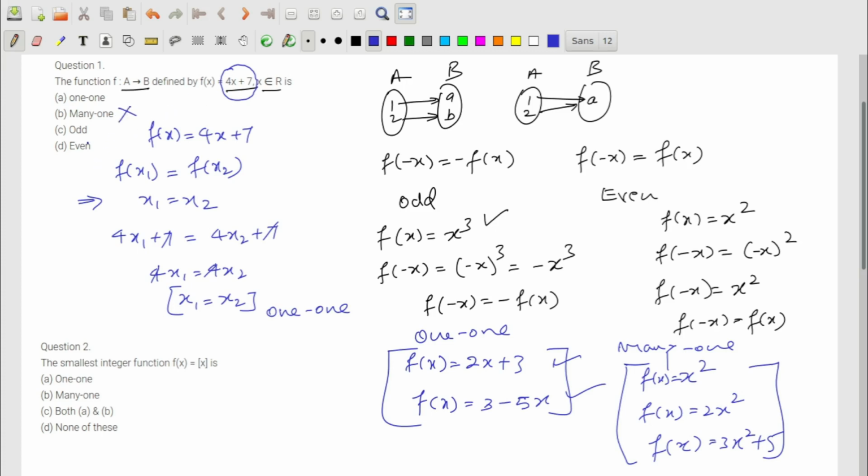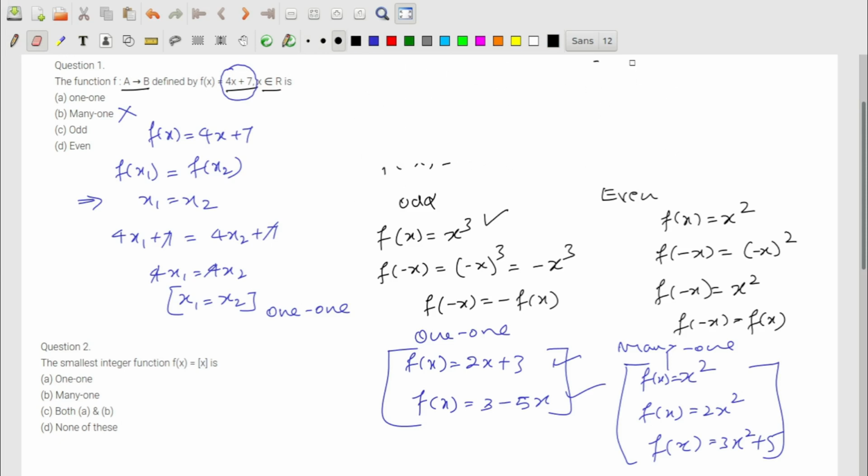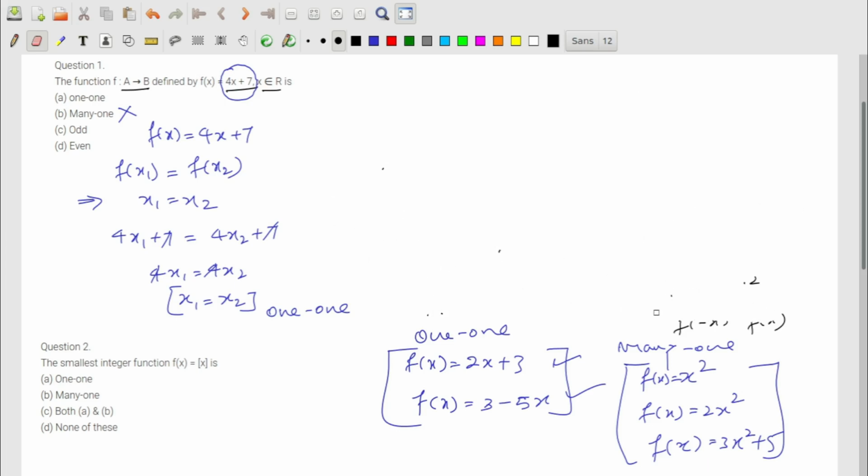And is it an odd function or an even function? So here f of x, that is our 4x plus 7. If I take f of minus x, then we will get 4 of minus x plus 7, which is equal to minus 4x plus 7, right?